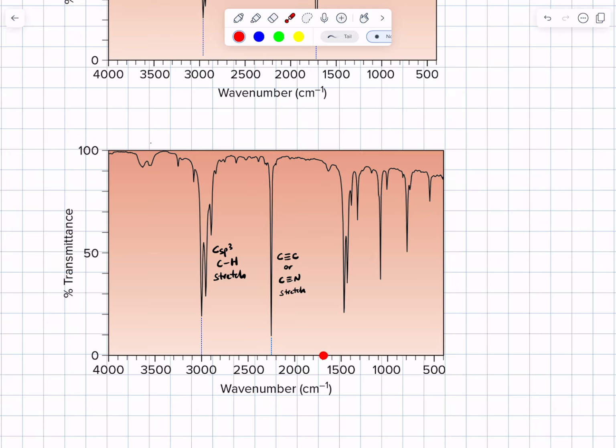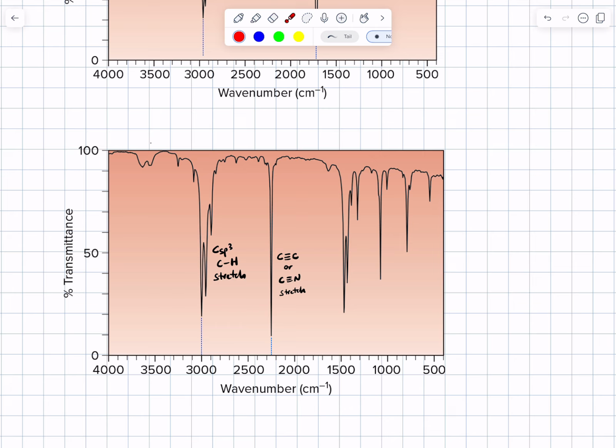For a carbonyl, you expect the range of 1600 to 1800 wave number. This shows up at around 2200 wave number. This is consistent with triple bonds. The only triple bonds we have in organic molecules are carbon-carbon or carbon-nitrogen. There are no other triple bonds in organic molecules.